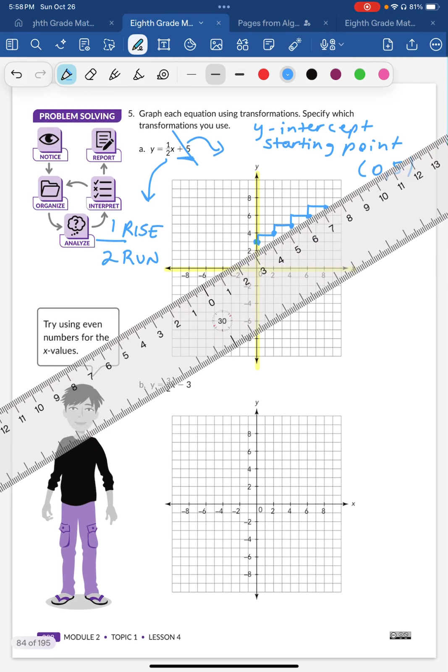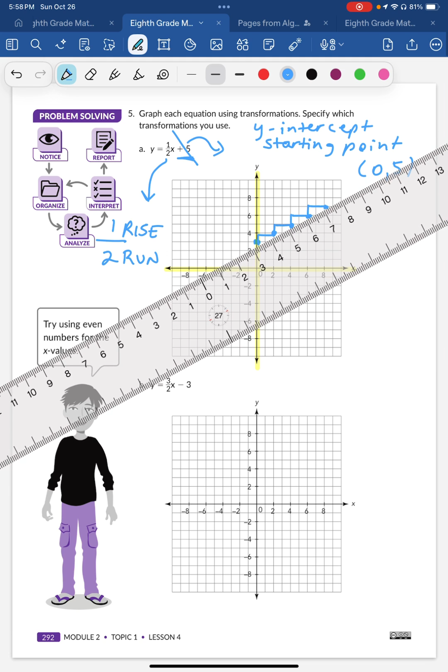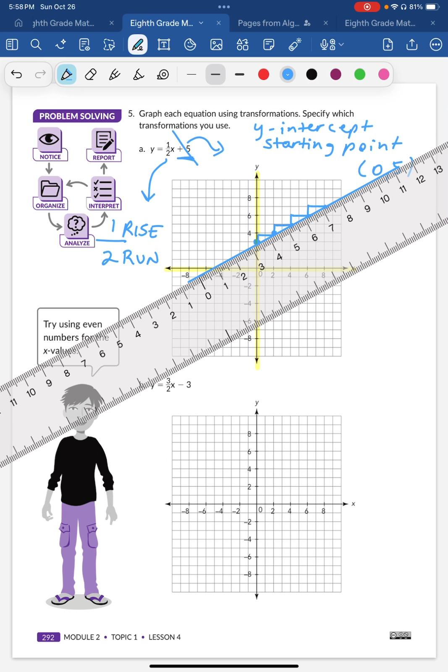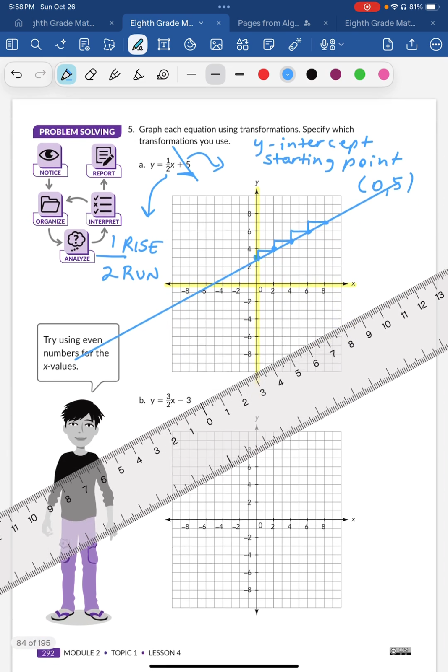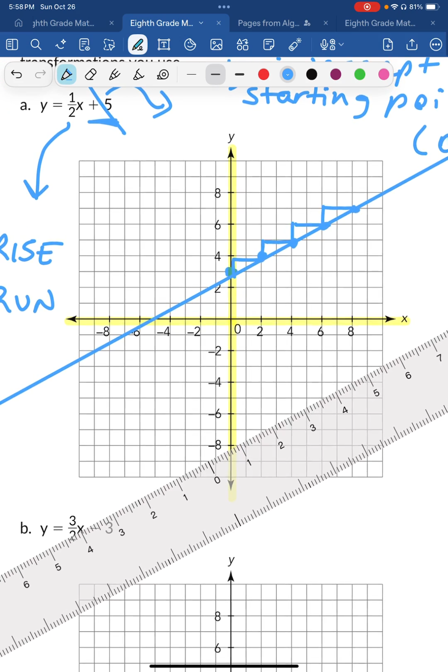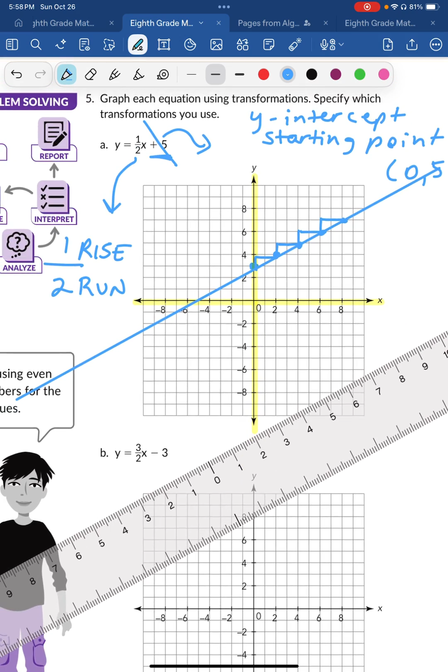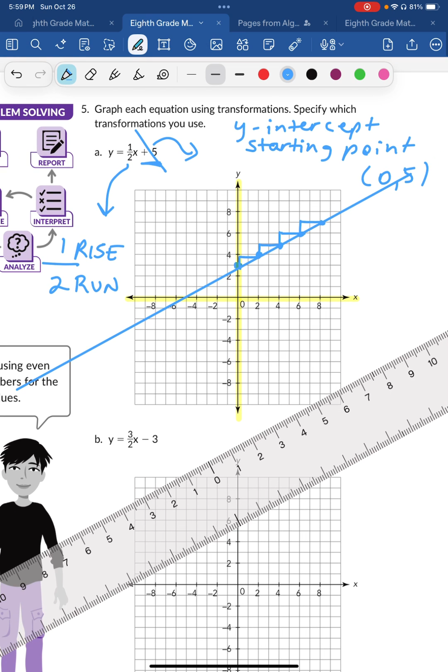I'm not graphing on the stair steps, I'm graphing on the line or on the coordinate dots to get my line. Okay, that's pretty close. So that puts me through 0, 5 with a slope of 1 over 2. That's what my line is going to look like.